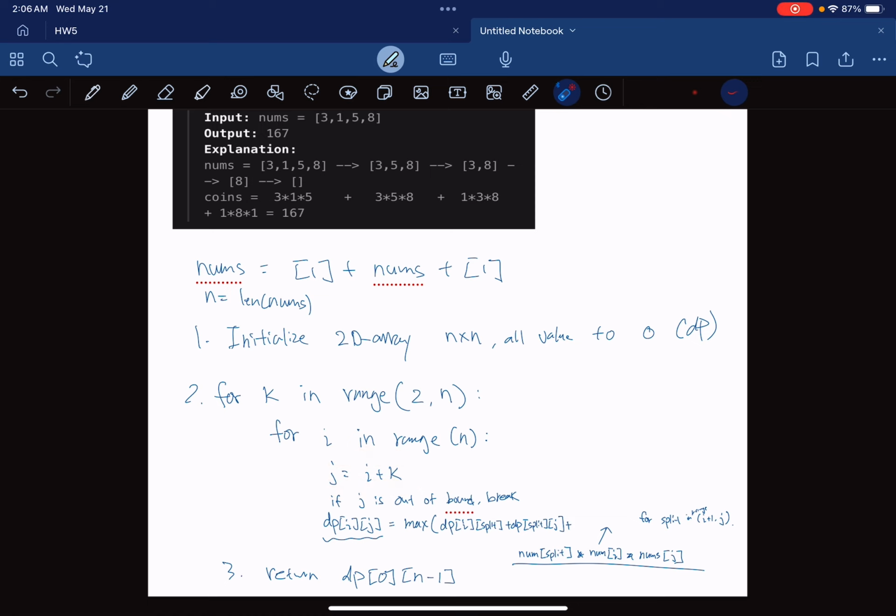By the time we get to j equals i plus k, we have already computed i plus k minus 1. So it ensures that all of the values that we need for this computation right here are already included. And yeah, that should be it.